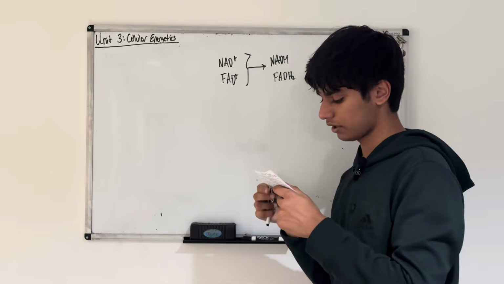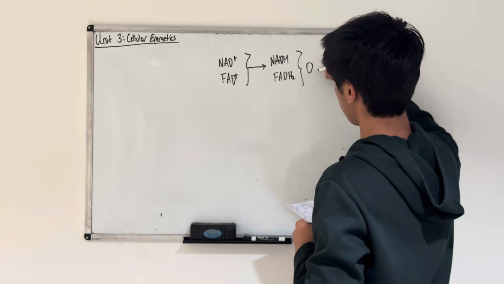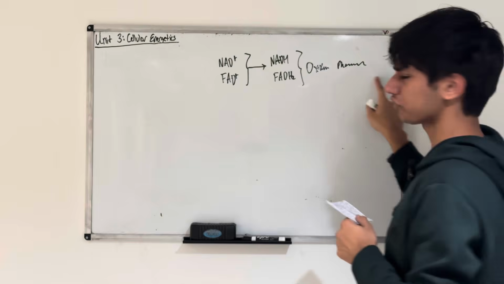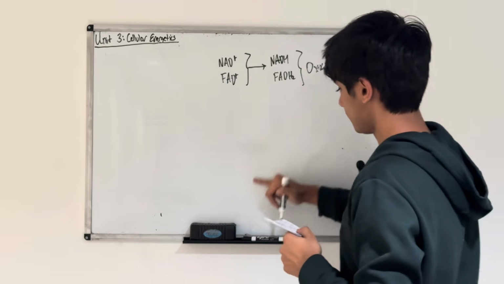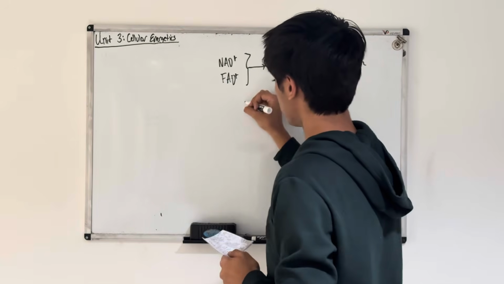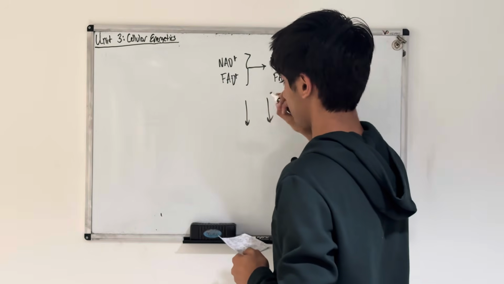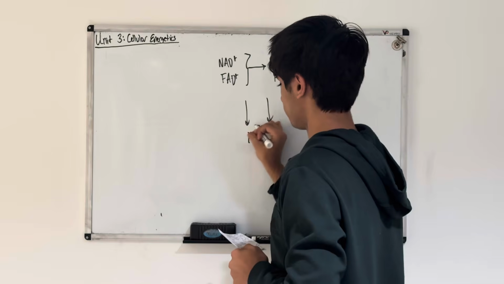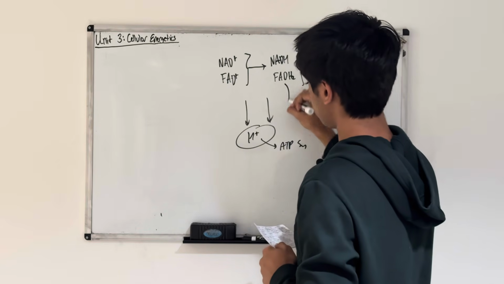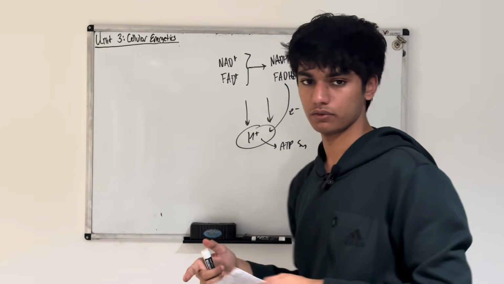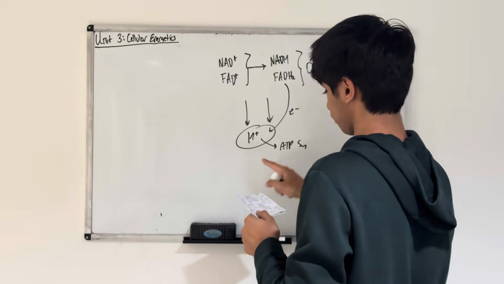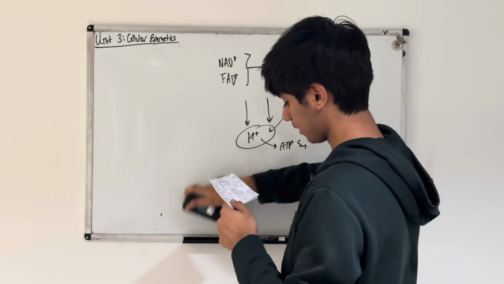These carry electrons, which are then used for oxidative phosphorylation. To go over that process quickly, we have an electron transfer chain. We pump protons into the space, which then power ATP synthase. These carriers provide our electrons, which we use for the electron transfer chain, which pumps in the protons, which helps power ATP synthase.